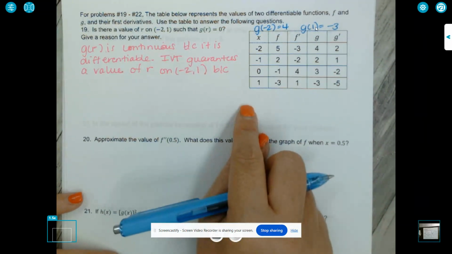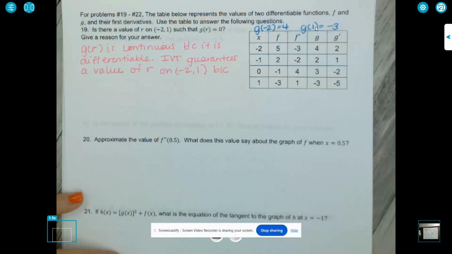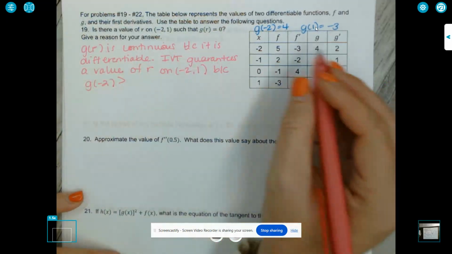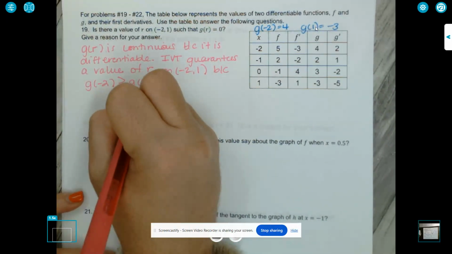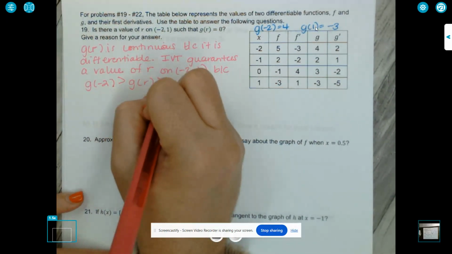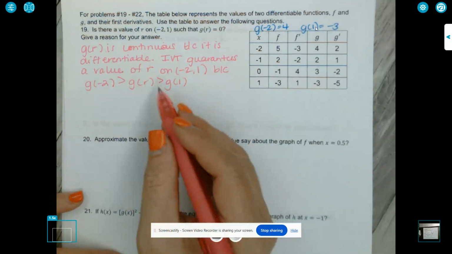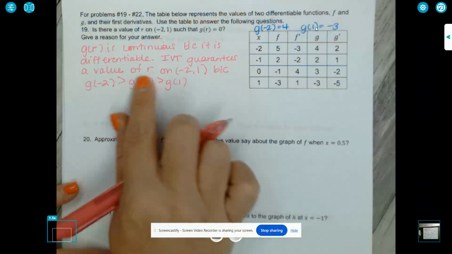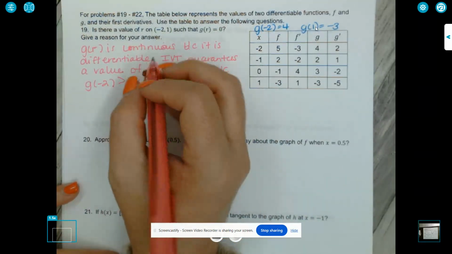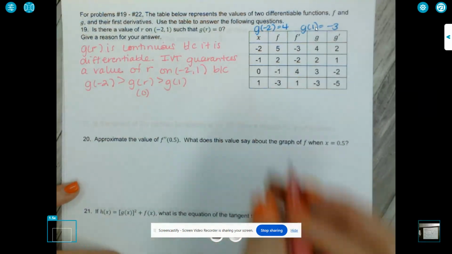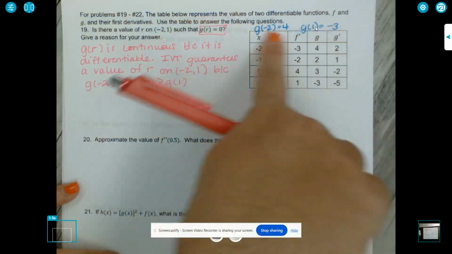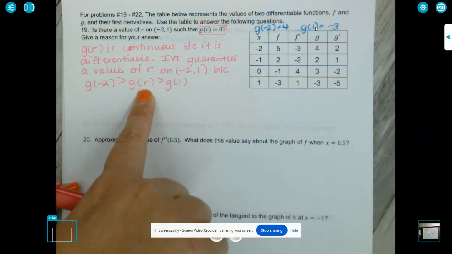So there's a couple ways we can write this, because g of -2 is greater than g of r, which is greater than g of 1. We could have flipped that around and said g of 1 is less than g of r is less than g of -2. But anyway, r is going to be between, where the value there is 0, right? G of r is equal to 0, because you're going to have to go from 4 to -3. You're going to go through 0, and vice versa.